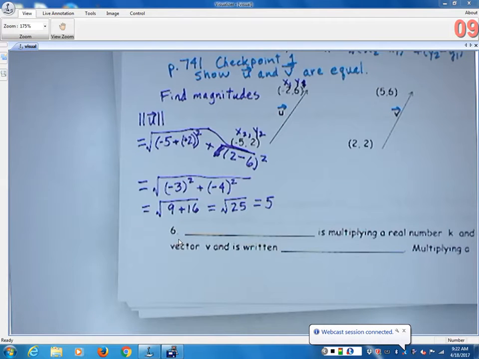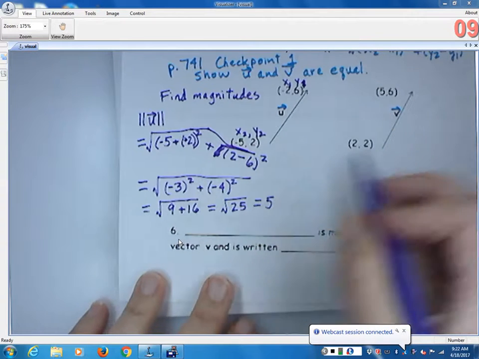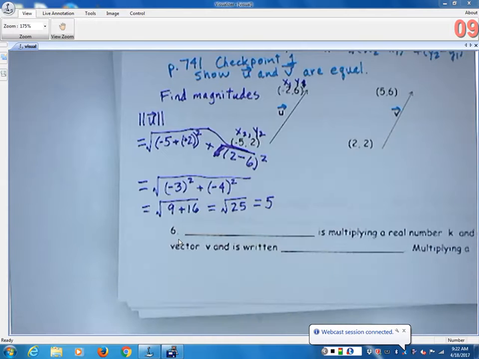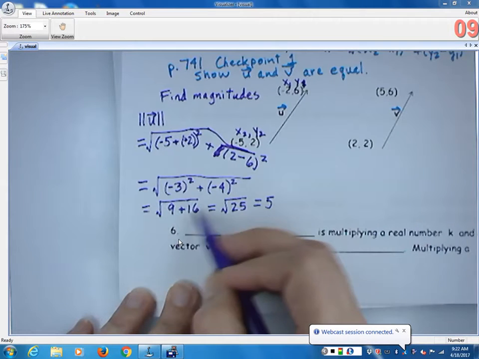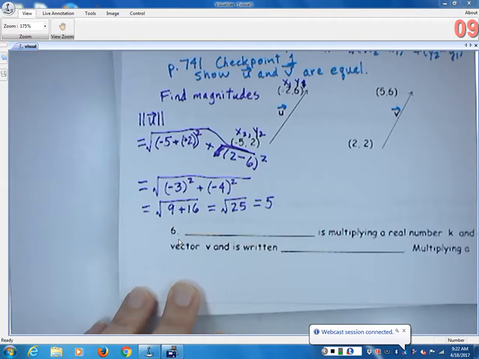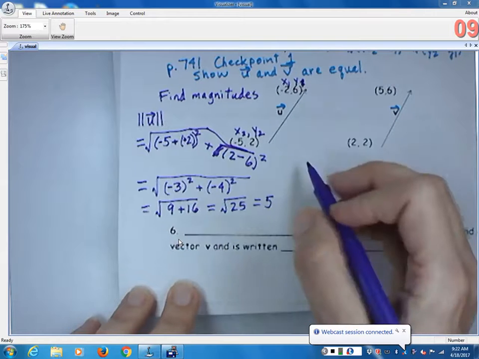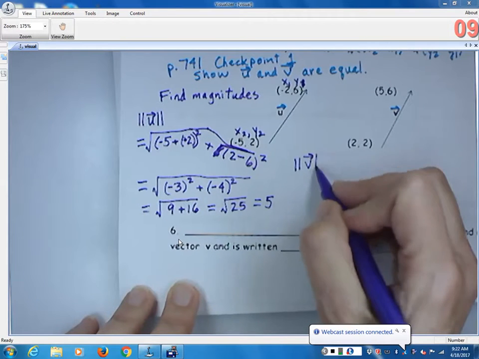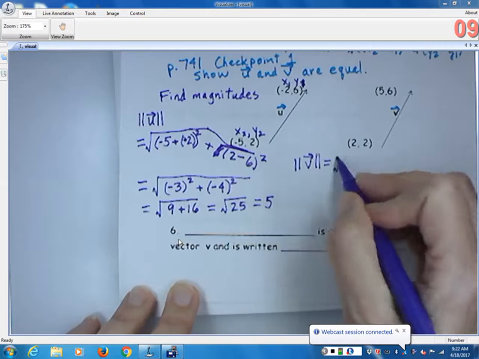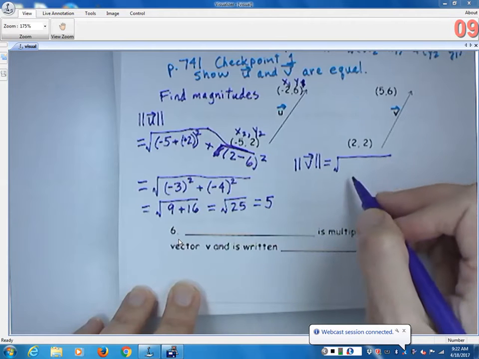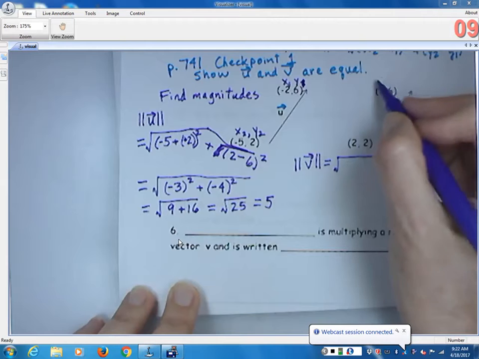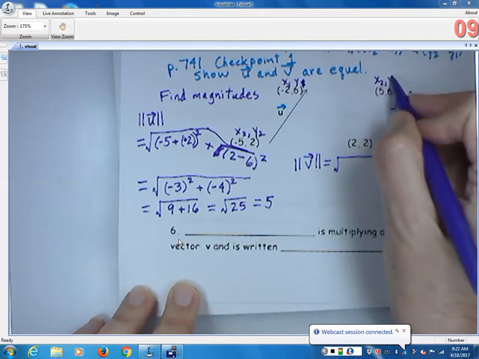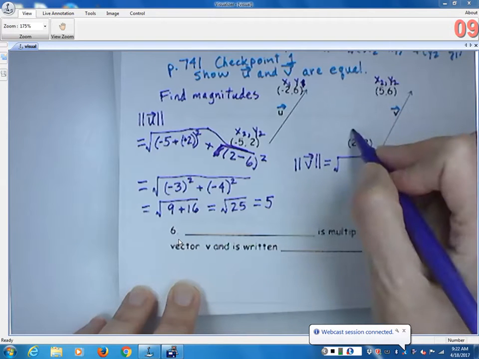All right, the magnitude of V. You don't separate these with a plus sign. You can't do that. Add them, take the square root. All right, the magnitude of V is the square root. In my filled-in notes I use this as x2, y2.